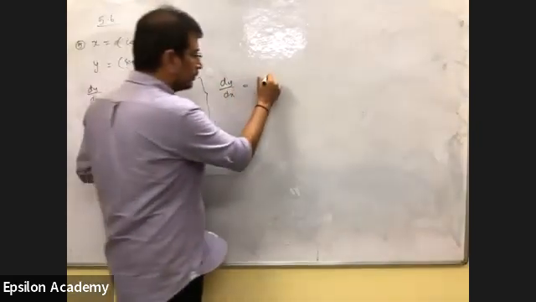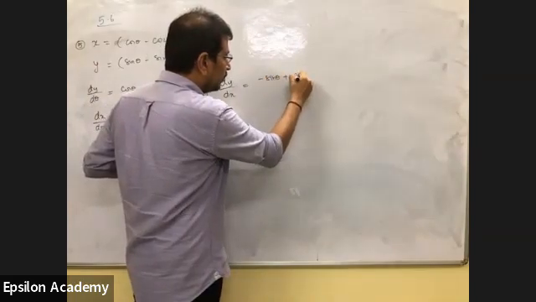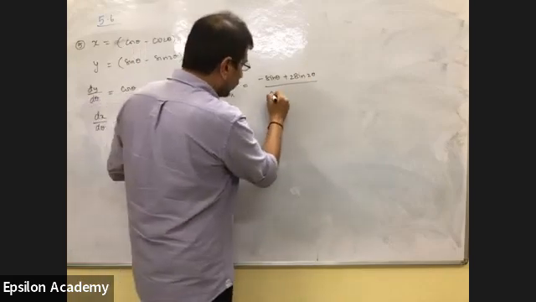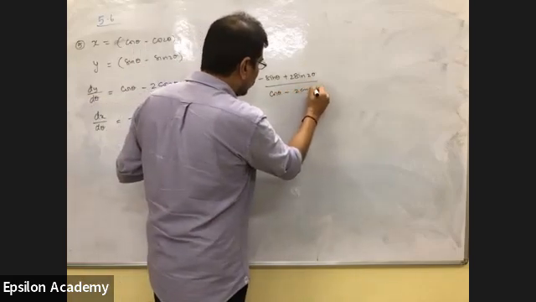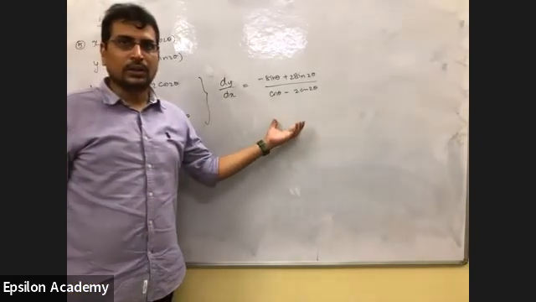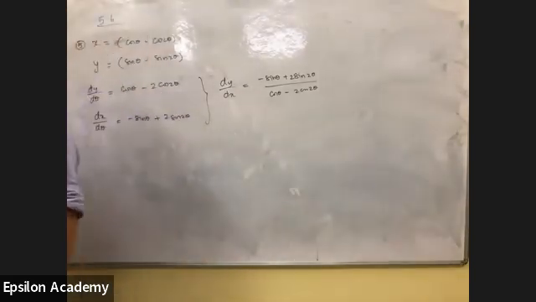Minus sin theta plus 2 sin 2 theta divided by cos theta minus 2 cos 2 theta. Okay, so actually you can leave it like this. How is the answer given? You can simplify it now, because when you write sin 2 theta, I'm able to take cos outside.